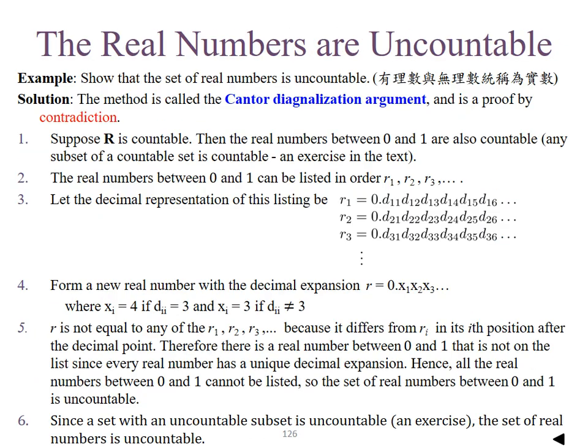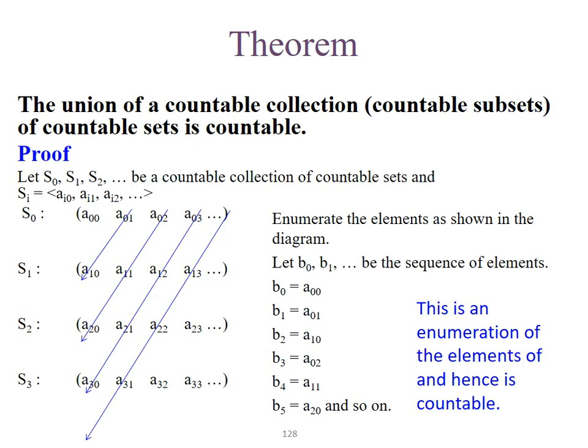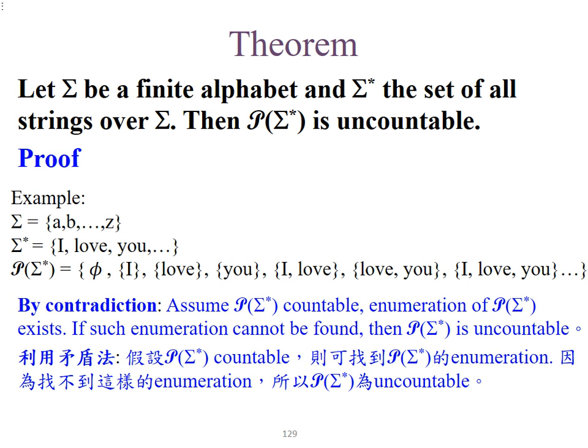The theorem tells us that if you have the set of all strings, constructed from a finite alphabet set sigma, then sigma star is just from our previous example, and the power set of that set is uncountable.